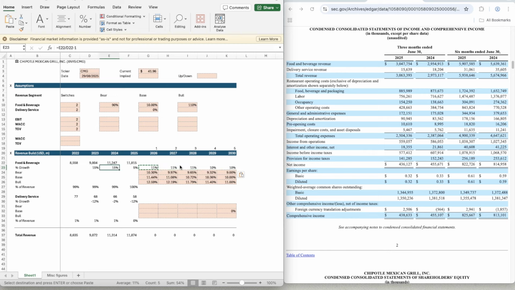And this gives us the growth rates that we can switch between as we are simulating. So I'll do that, and then I'll show you how it works.